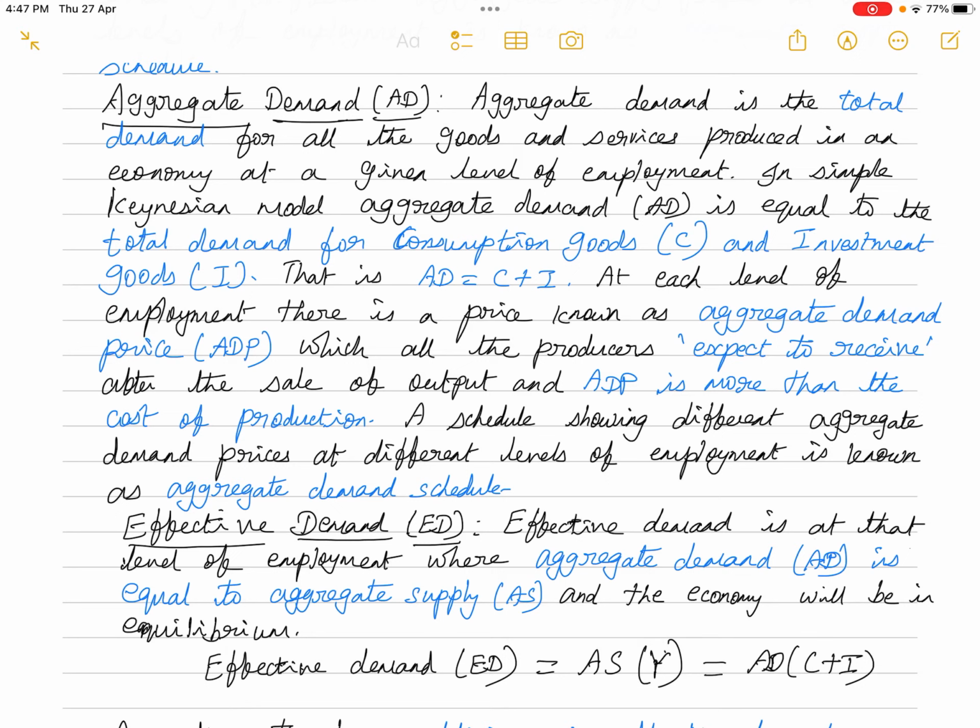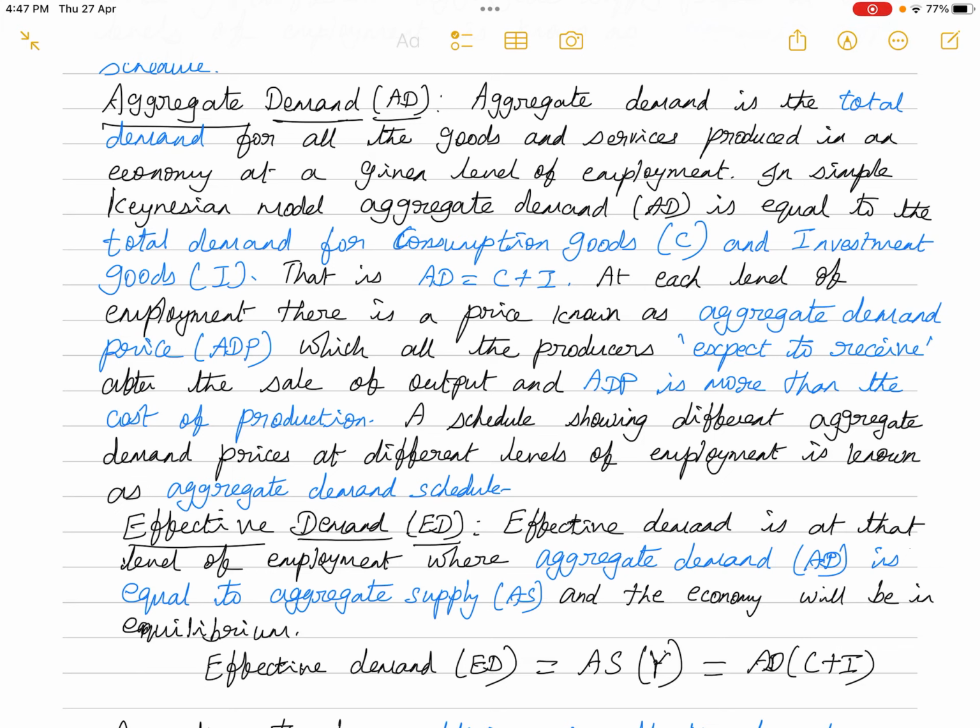Okay, so I said when I'm employing the 10 laborers, I'm incurring a cost of production equal to 50,000. So 50,000 is the price I must receive, that is the aggregate supply price. But will any producer be satisfied one day with receiving only the cost of production? Any producer will want more than the cost of production, isn't it?